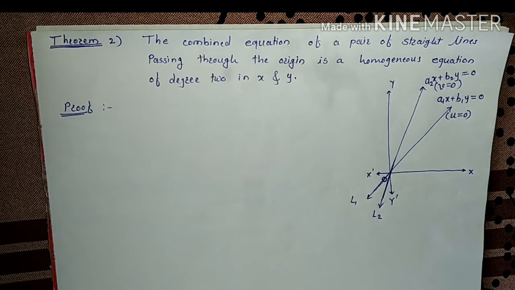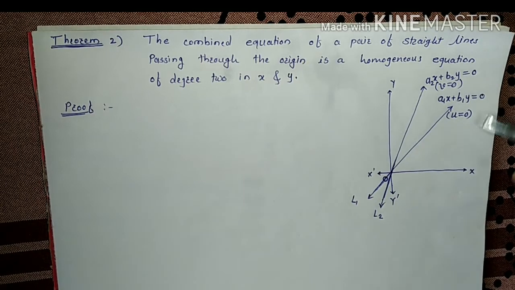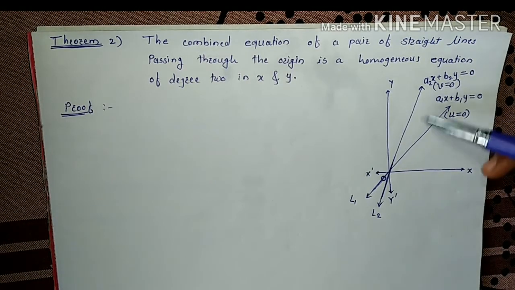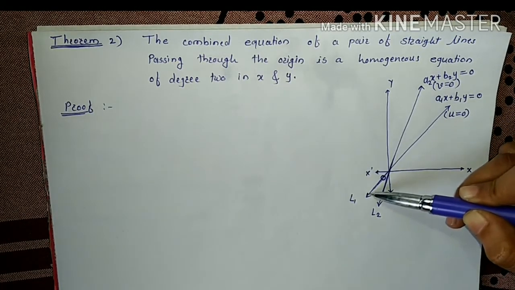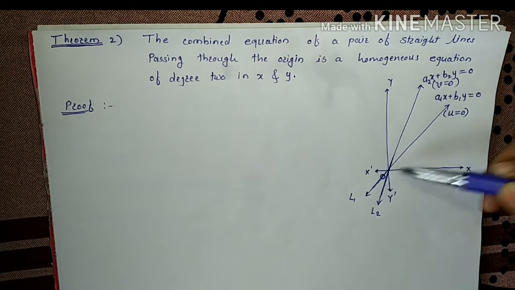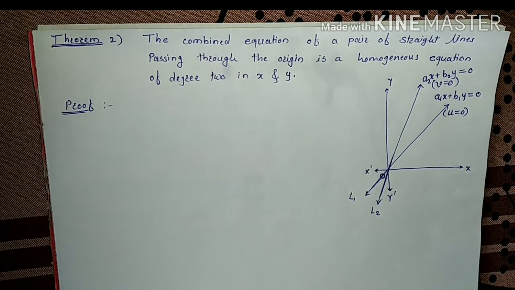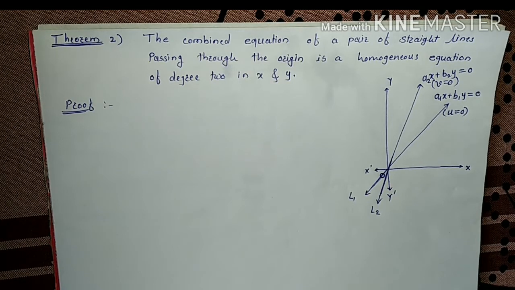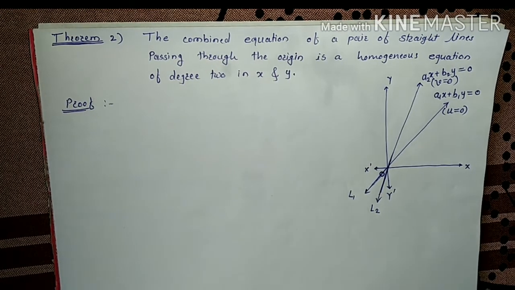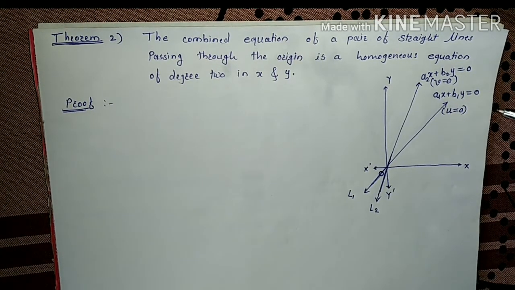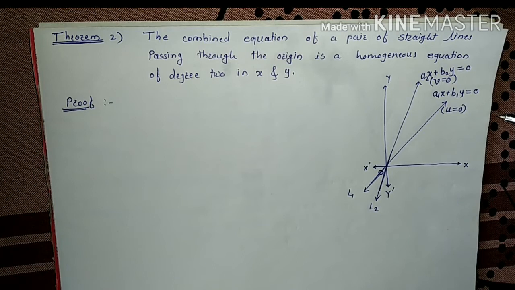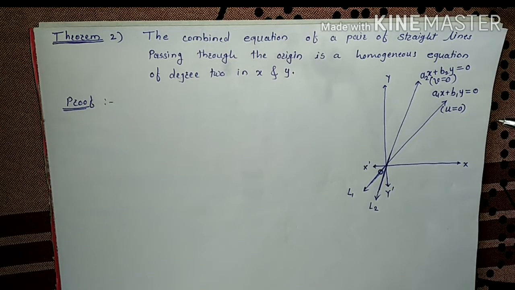It means if we find the combined equation or joint equation of two lines L1 and L2 which are passing through origin, then we get a joint equation which is a homogeneous equation in x and y, but the degree of that equation is 2.